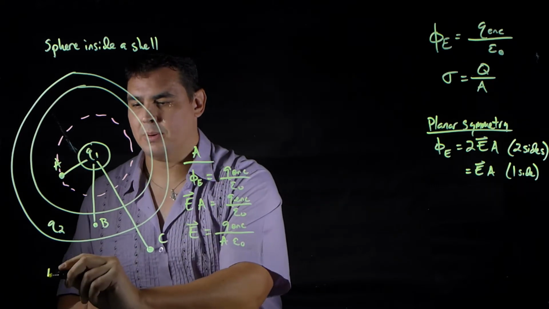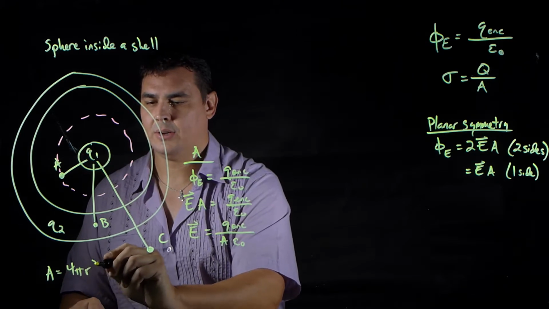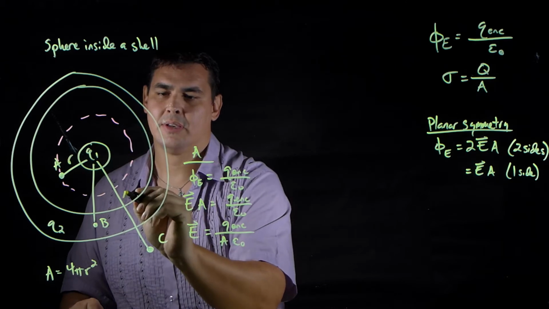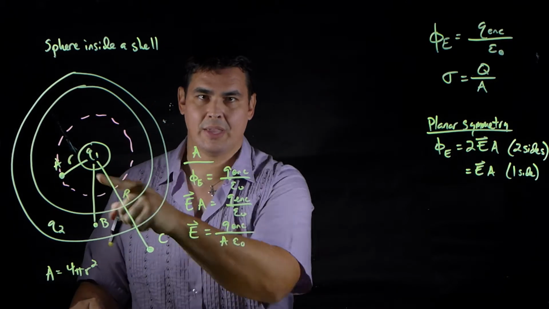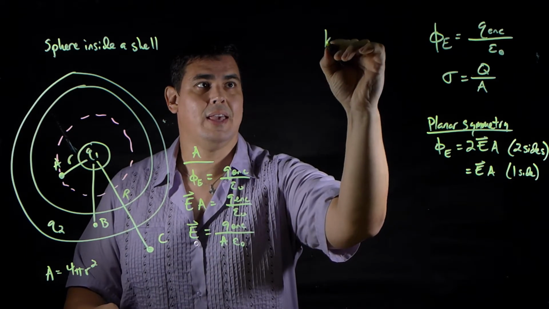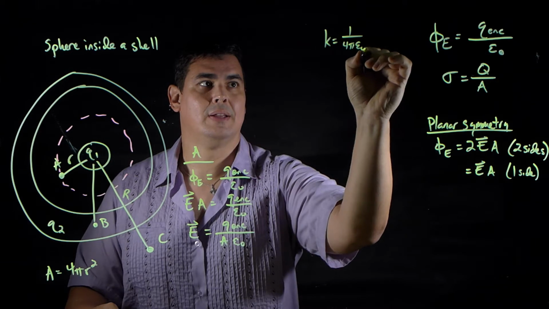And so remember, the area of a sphere is 4 pi r squared, right? So I'm going to call this little r, and I'm going to call this big R, because I'm doing A and C. And I know that K, Coulomb's constant, is 1 over 4 pi epsilon naught, right?